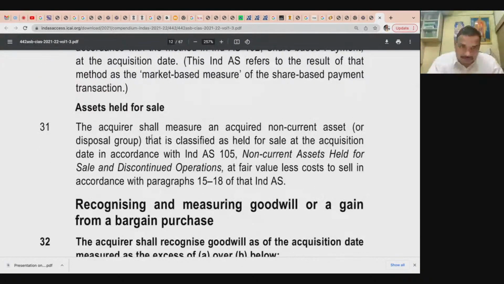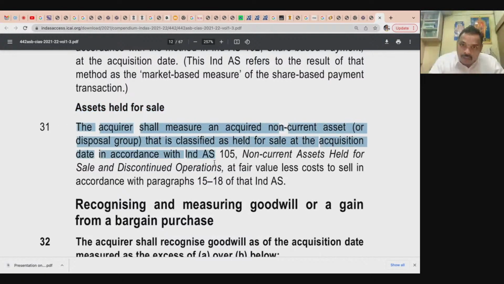For example, assets held for sale. You had a plant and machinery. You used it for 4 years. You retired that from active use. That means you want to sell it immediately. Maybe you are in the process of finding a buyer. So then, Ind AS 16, property, plant and equipment, is not applicable.